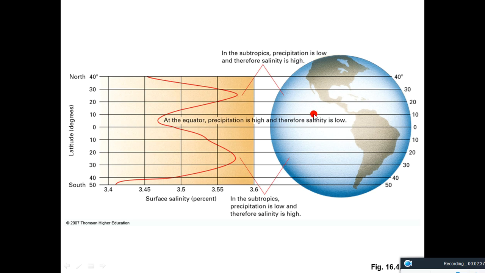As we go away from the equator the salinity increases, and then again it decreases as we go more towards the pole, as seen in this figure. Near the equator the salinity is less, it increases as we go away, and then starts decreasing as we go towards the pole, be it the south or the north pole.